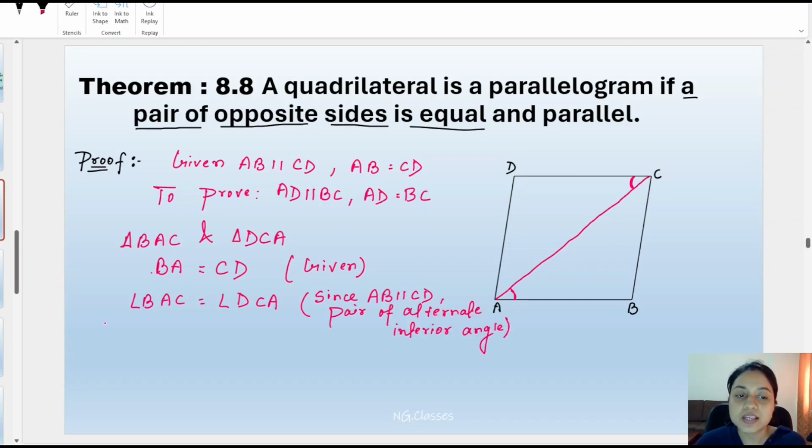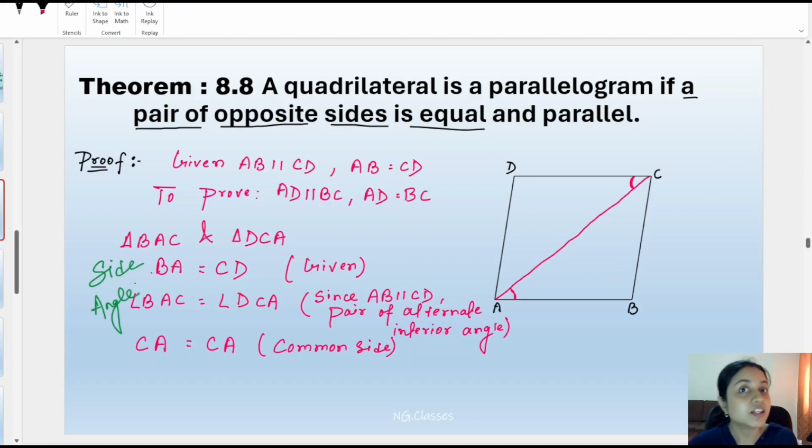And we can also see here that side CA or AC is the common side in both triangles, right? And now we got the sequence of side, angle, that is included angle, and then again side. You can check it in the figure also. And hence we can say that triangle BAC must be congruent with triangle DCA by side angle side congruence rule.